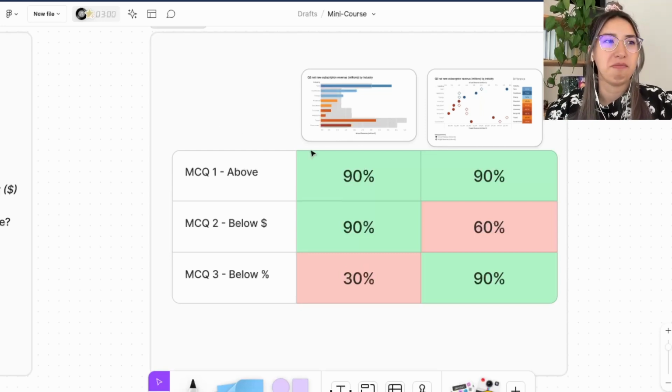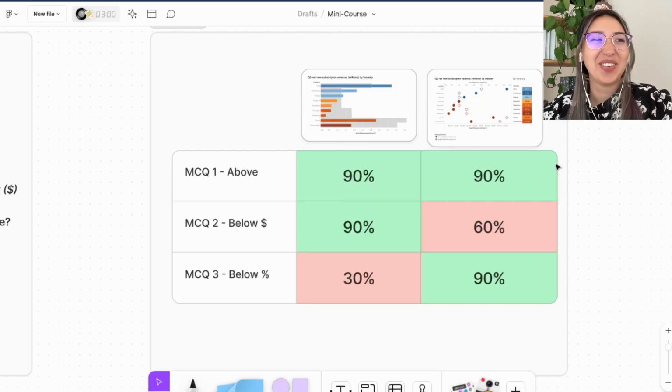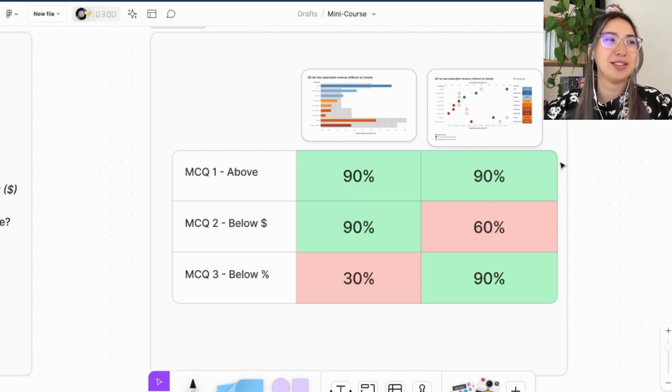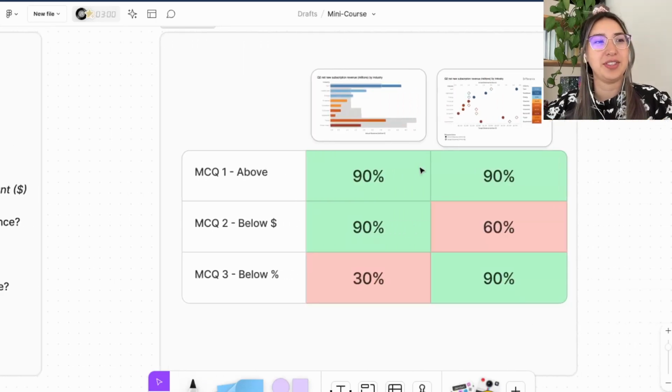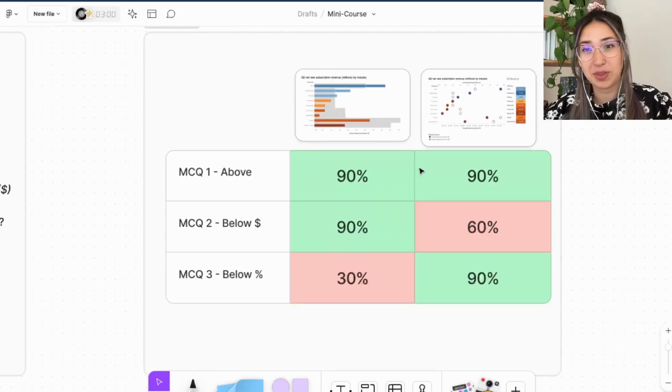So maybe, for example, I just made up these data, but in this hypothetical example, we can see that for both visualizations almost all the participants got this first question right. And this first question was, which of these industries are above target? And so we see that for both of these designs, both of these visualizations do great.